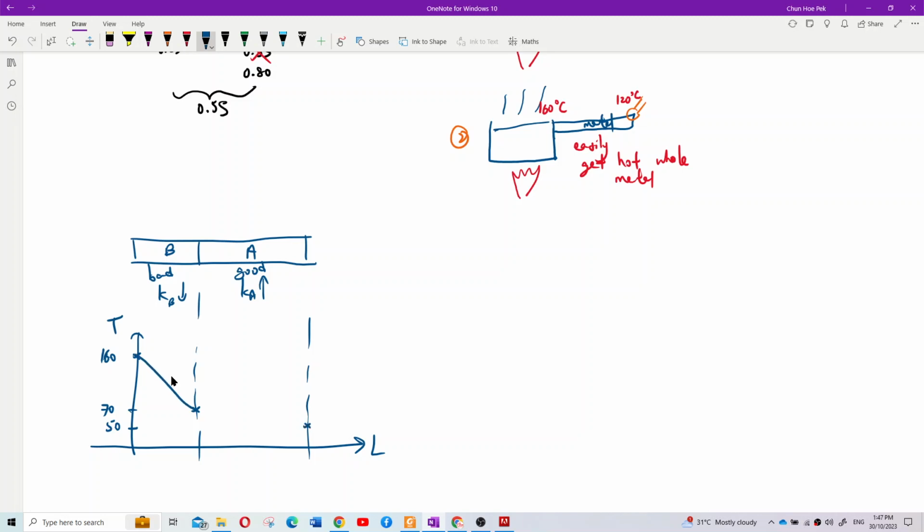Understand? A bad conductor drops fast, a bad conductor has a big gradient. A good conductor has a small gradient. This is for A, this is for B. Understand?